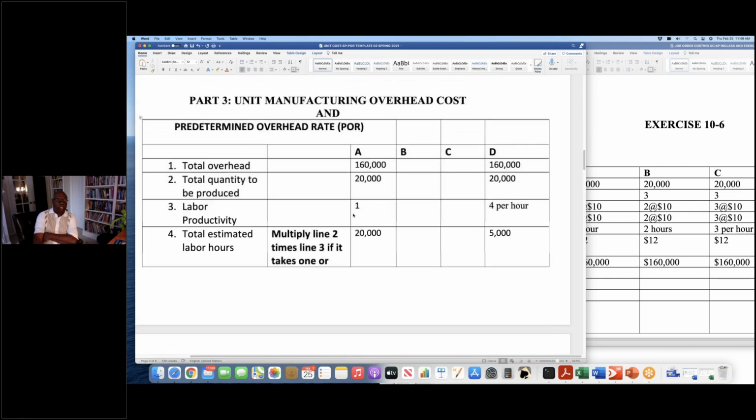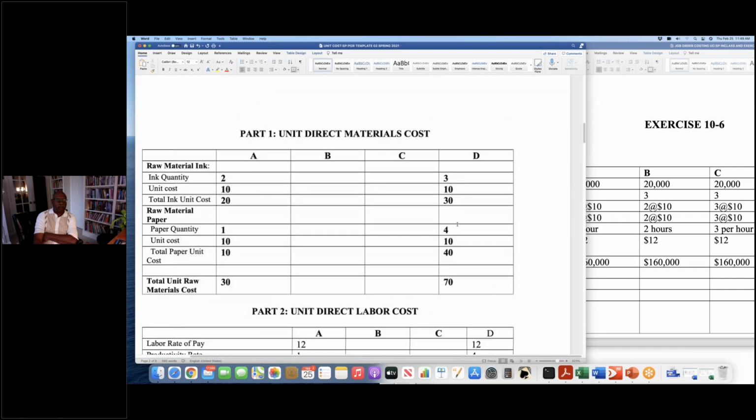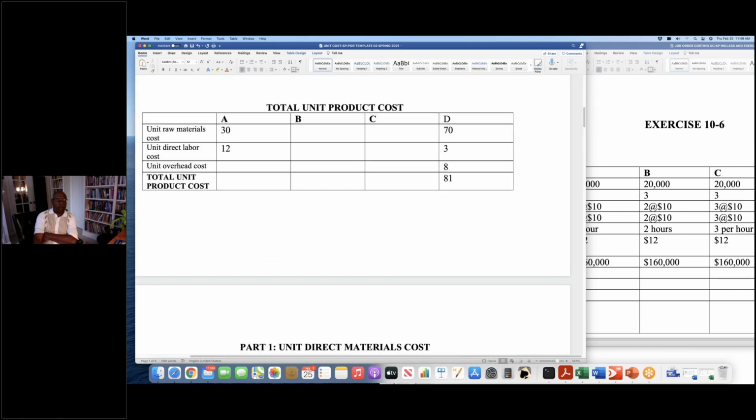So then we're going to take the 8 and do what with it? Put it in the product section of the chart. The unit overhead cost. No, total unit product cost. Oh, the total unit cost.